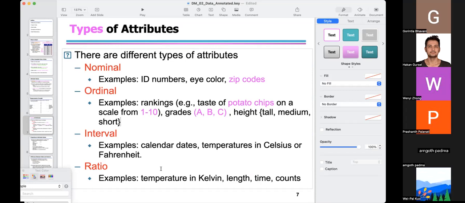Interval. Certain data makes sense that it is given in a form of an interval. That's because, let's say, temperatures. When we are recording climate data or temperature data, we could have a really infinite number of values for the temperature.